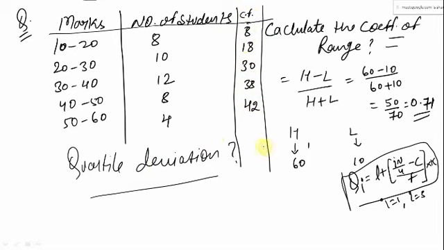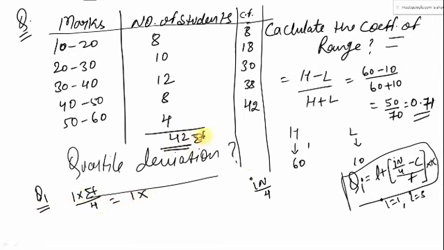Then I need to find out in by 4. If I am calculating Q1, this i will become 1, so I will calculate 1 into summation f. N is nothing but the summation f, which is 42.